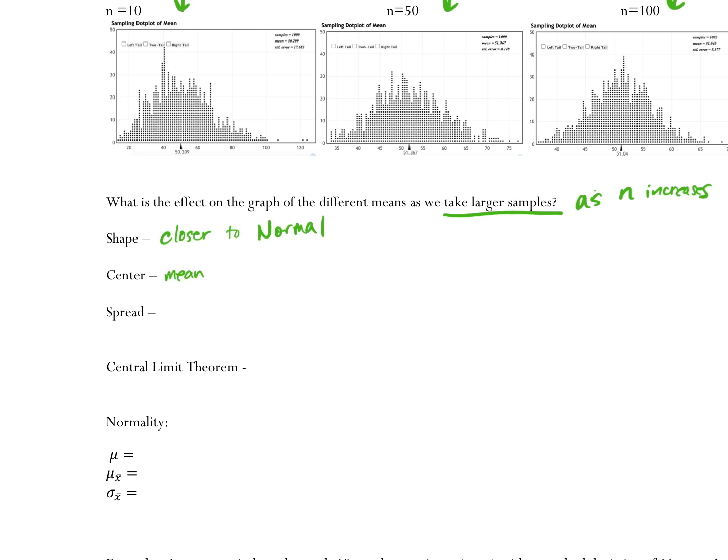The mean of the sampling distribution gets closer to the population mean.